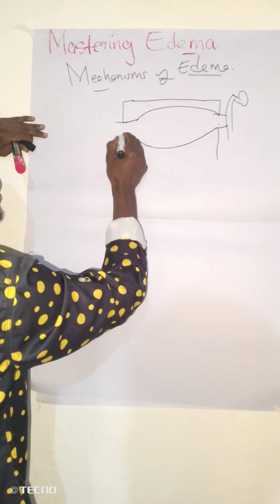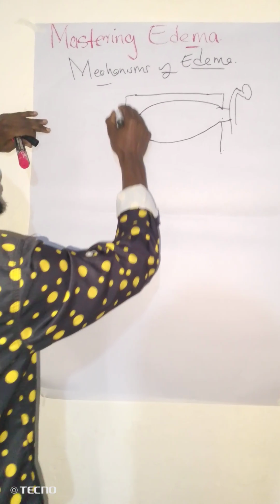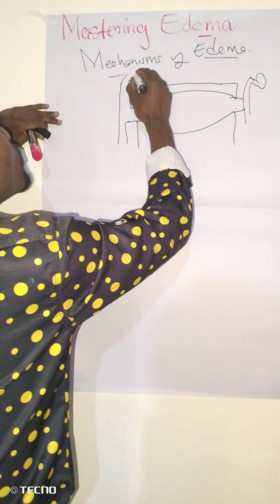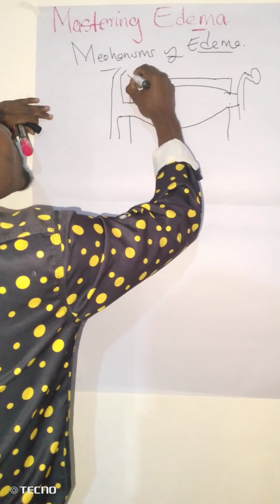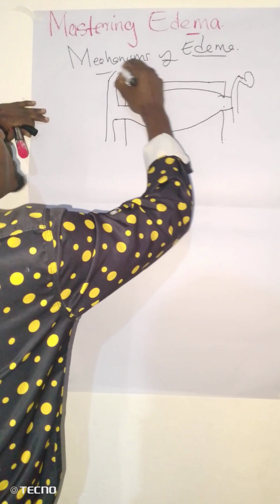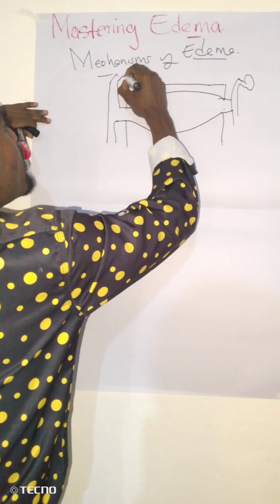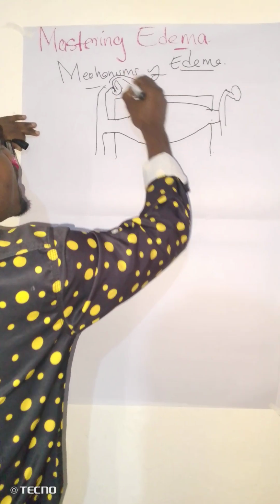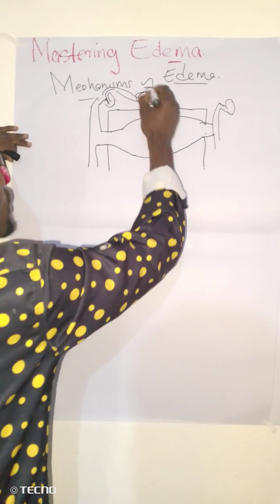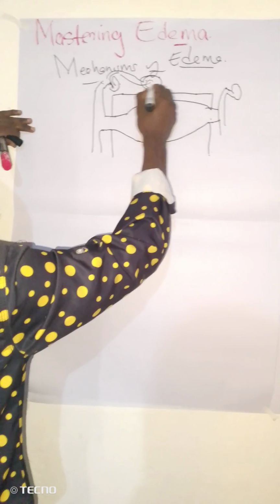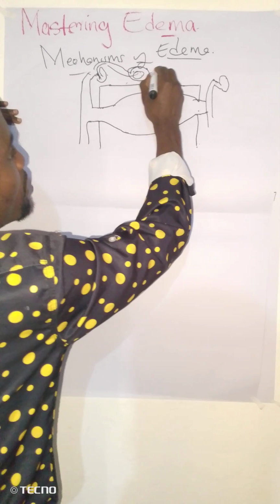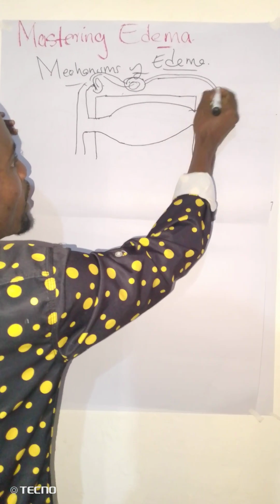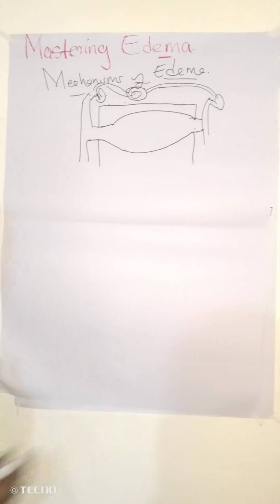This is the venous end that drains blood back into the right heart, and then the pulmonary artery takes this blood into the lungs for purification. There is also microcirculation in the lungs, and the oxygenated blood is taken back into the left side of the heart by the pulmonary vein.